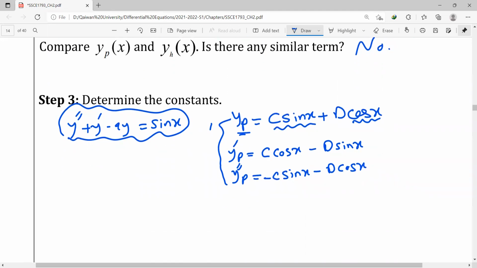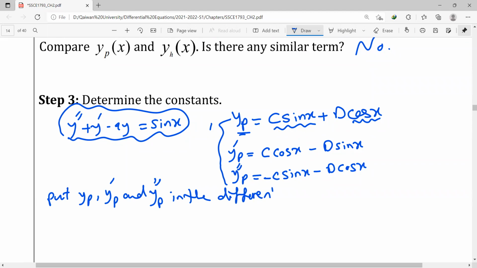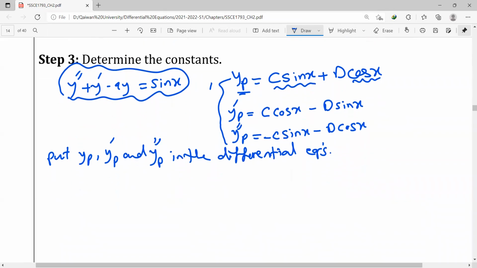We are going to put yp prime and yp double prime in the differential equation.